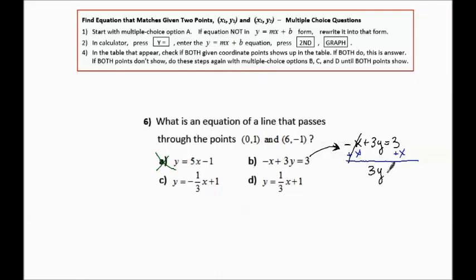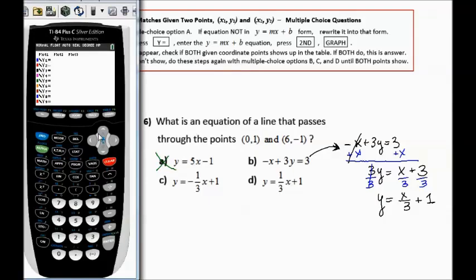You have 3y, you write the x term, then you write the remainder term. It is positive, so I'm writing plus 3. And then the second step is always to divide by the coefficient of y everywhere. So y is going to be equal to x over 3 plus 3 divided by 3, which is a 1.